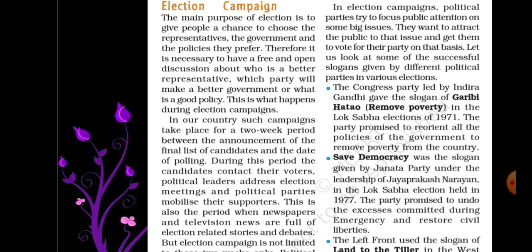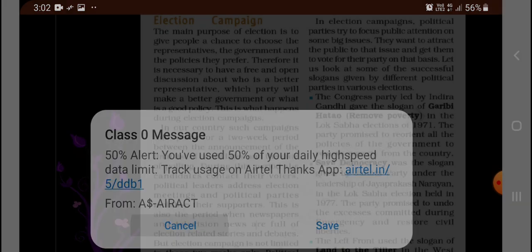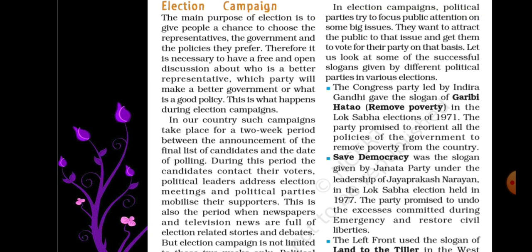According to this code of conduct, no party or candidate can use any place of worship for election propaganda, or use government vehicles, aircraft and officials for elections.